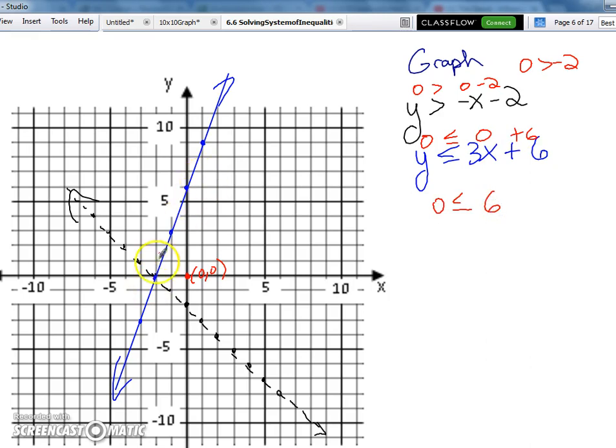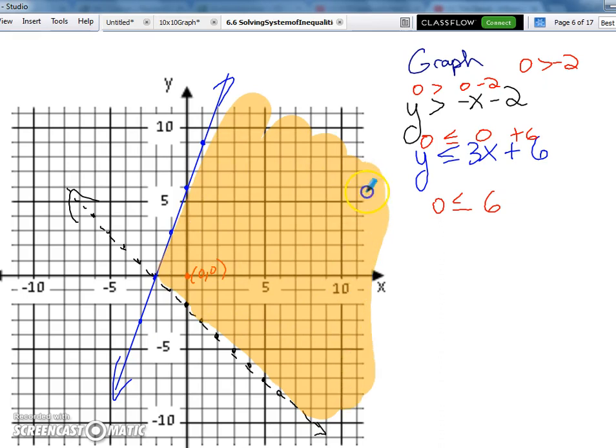So according to the blue line, these two sections will work. So what's in common is this one whole section. You're just going to shade the common section in. This section is greater than the black line, and it's also less than the blue line. All of these points have that in common.